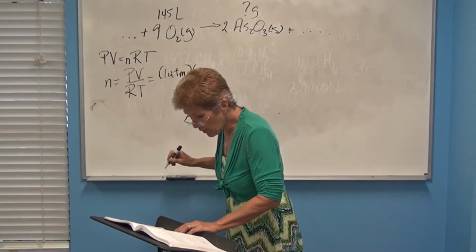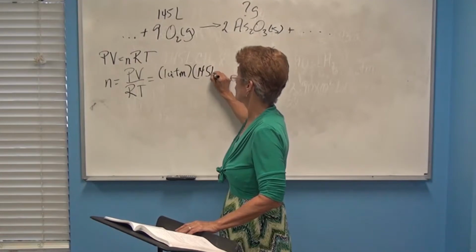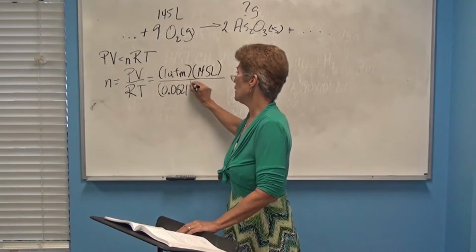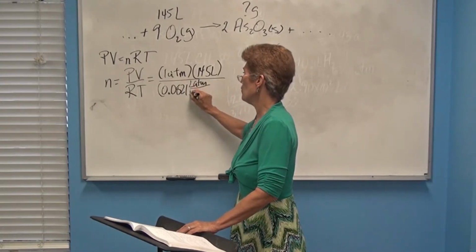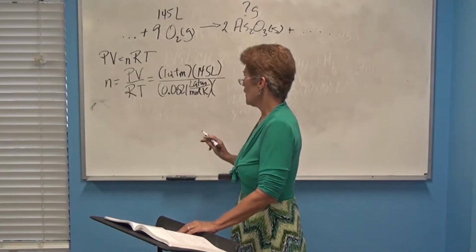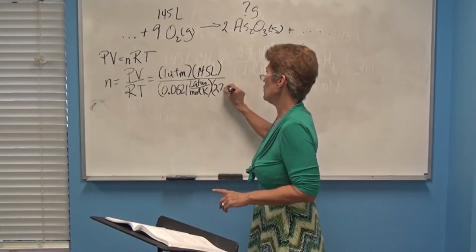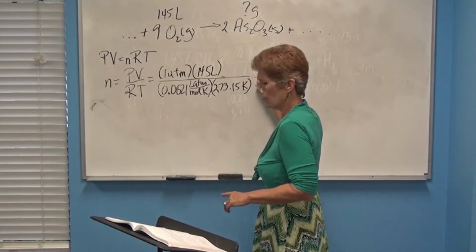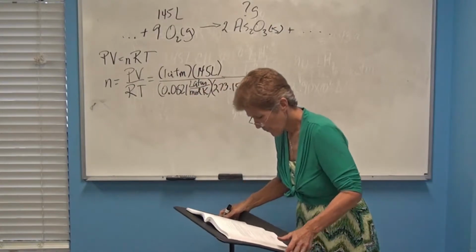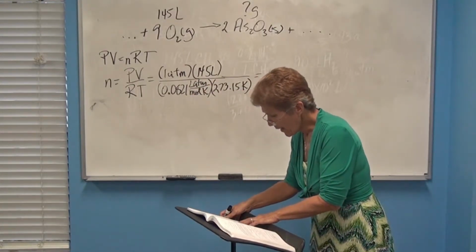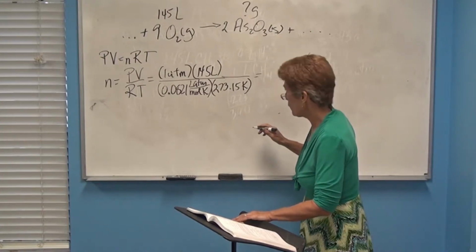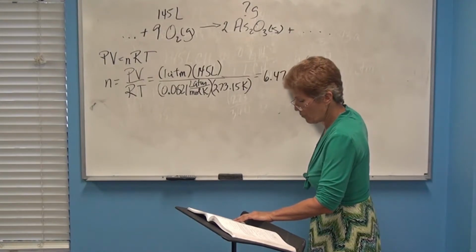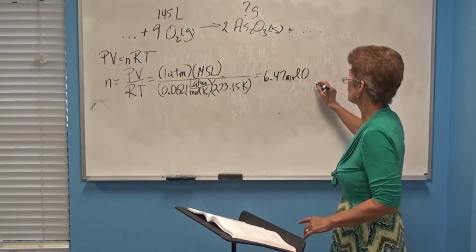The volume we are given as 145 liters, it's right there. R is 0.0821 liters atmospheres per mole Kelvin. And the temperature at STP is 0 degrees, so it's 273.15 Kelvin. And so when you do all that, we have 3 significant figures, so it's going to be 6.47 moles of oxygen.